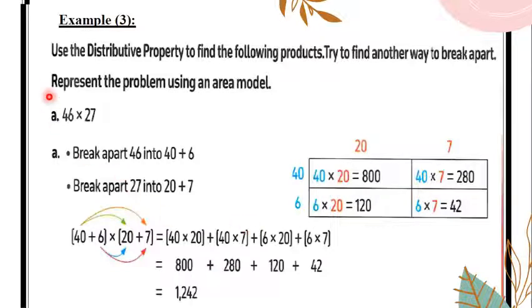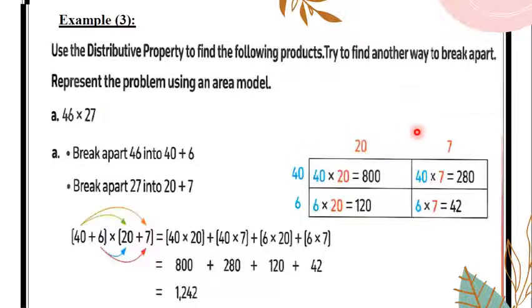In example 3, use the distributive property to find the following products. Try to find another way to break apart and represent the problem using an area model. If you have 46 times 27, as we said, first of all, we have to break apart 46 into 40 plus 6 and break apart 27 into 20 plus 7. Let's see here.